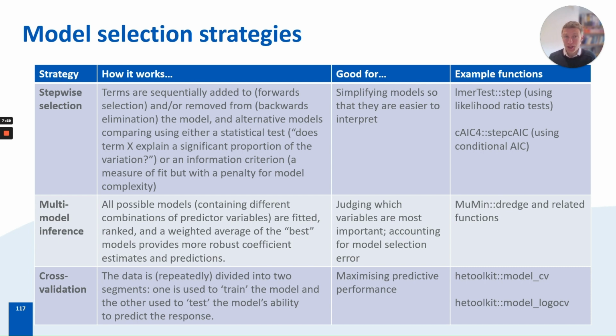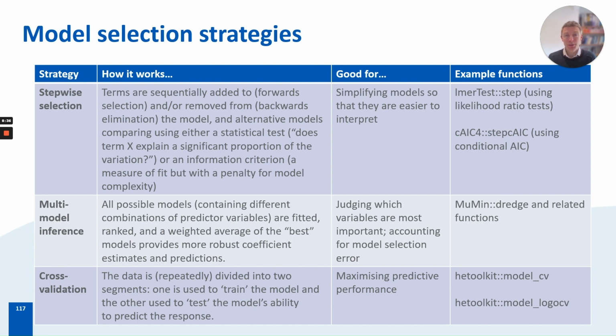Having fitted all the possible models that we could to that data set, we can then rank the models using a metric such as AIC that identifies which of these many models provides the overall best representation of our data. And then rather than focusing on just the single best model, we can take a weighted average of, say, the top 5 or top 10 models and average the coefficient estimates and the predictions. That provides a much more robust way of quantifying the strength of effect of each predictor and also gives us more robust predictions.